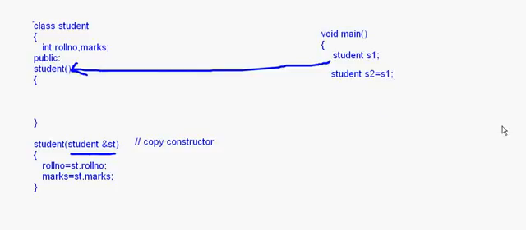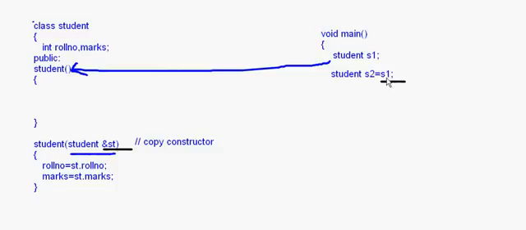Now in this case this copy constructor will be called, and this s1 which we have written here will be passed as this st here, right?